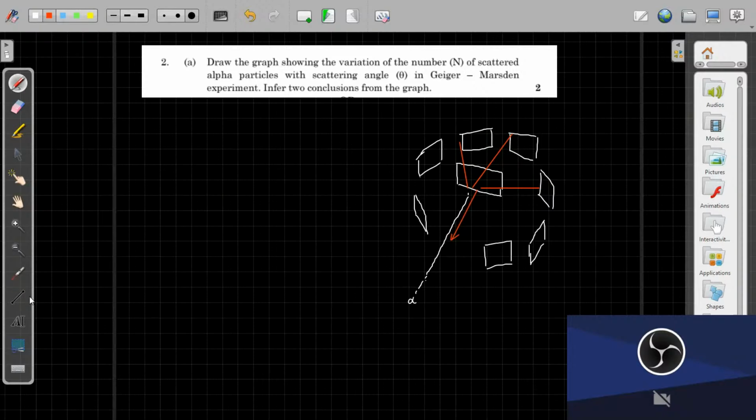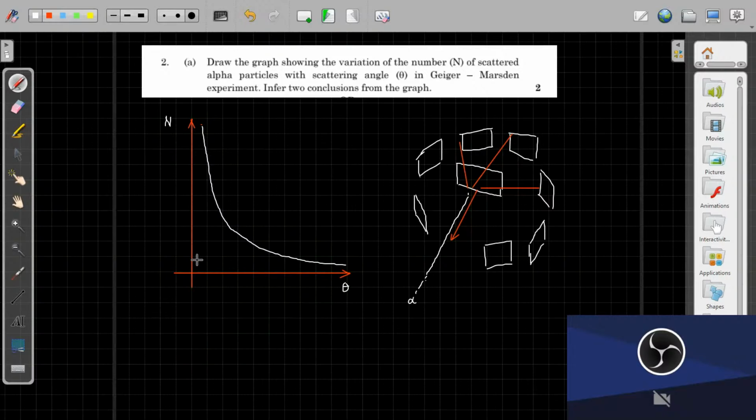So when he plotted how many alpha particles get scattered, he got a graph something like this. You need to draw this. This is the number of particles scattered, and this is the scattering angle theta.